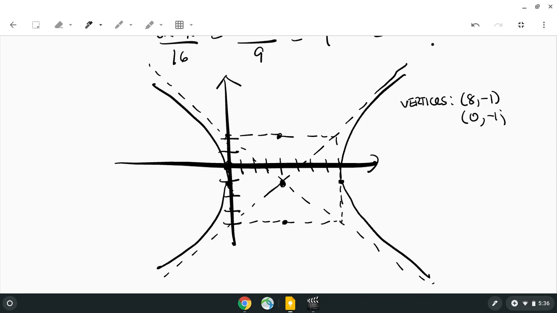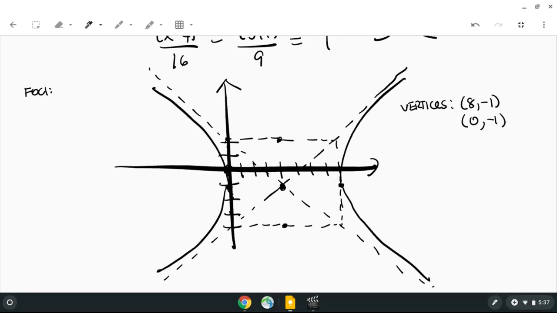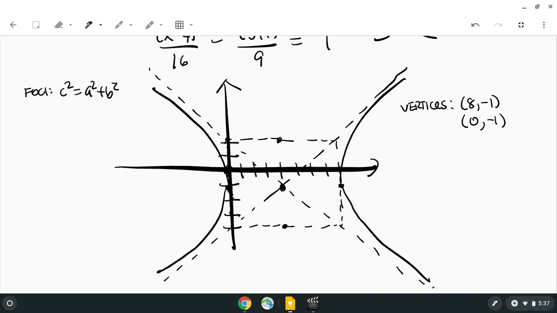Now let's get our foci distance. For our foci, we know that c squared equals a squared plus b squared. So c squared is 16 plus 9, and so c squared is 25. So c is 5.